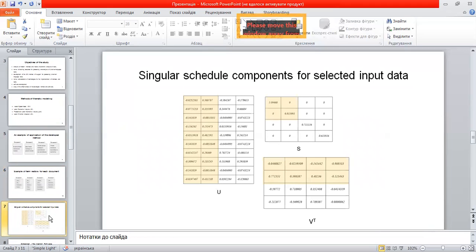As matrix A, we used the TF-IDF matrix, and the matrix contains only the first k linearly independent components, which reflect the basic structure of the various dependencies present in the original matrix.